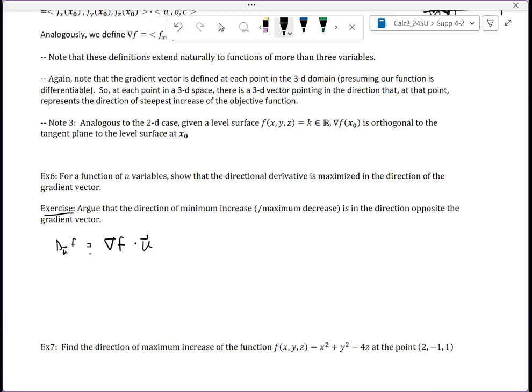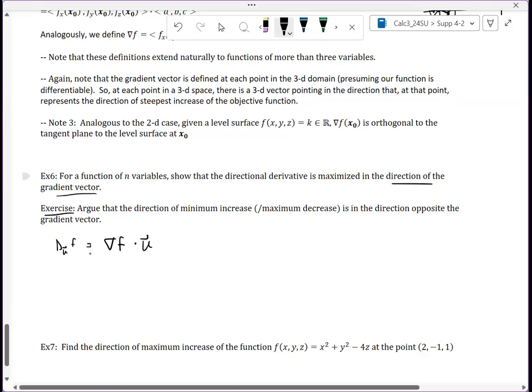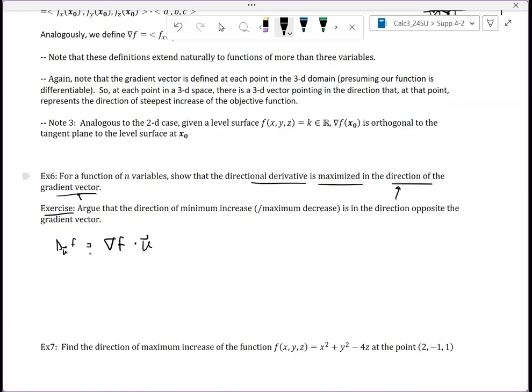My question is, what is the direction u that gives me the highest directional derivative, the greatest increase? I'm claiming it's the gradient vector. One way to show that was by brute force. That's basically what I did last time.